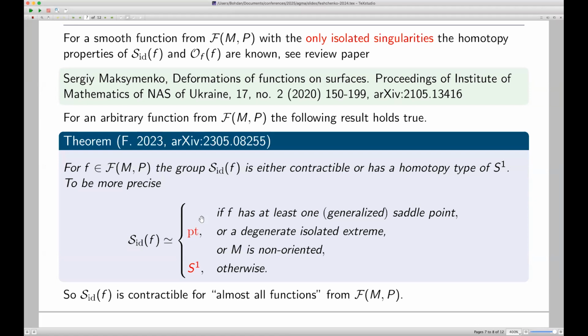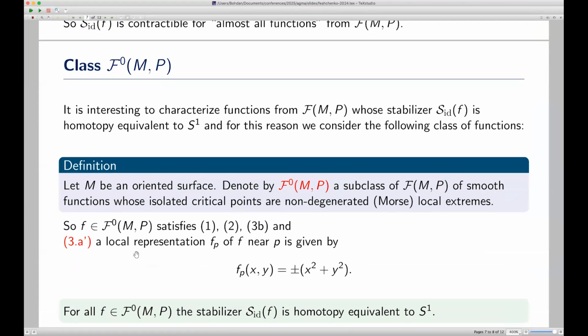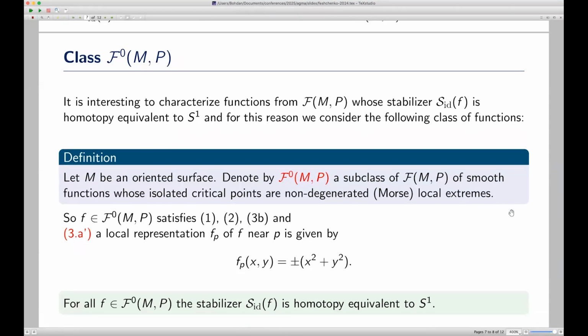So for almost all functions from this class, the stabilizer is contractible. And it is interesting to characterize functions from this class whose stabilizer is homotopy equivalent to a circle. And we consider the following subclass F0 of this class of smooth functions whose isolated critical points are non-degenerate local extremes.